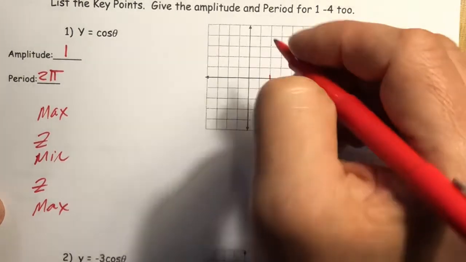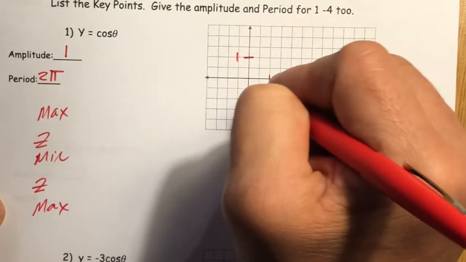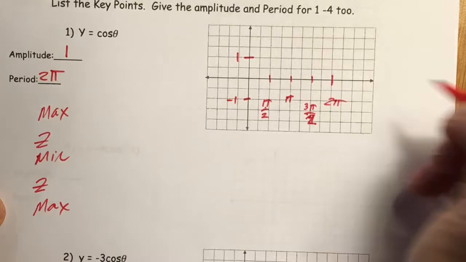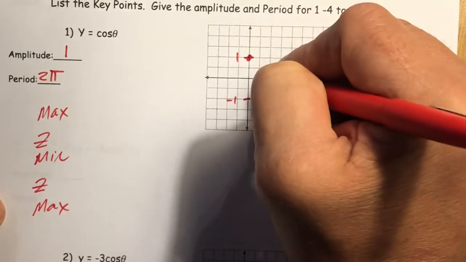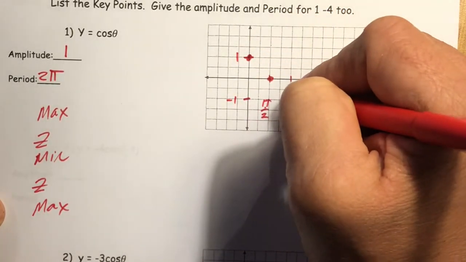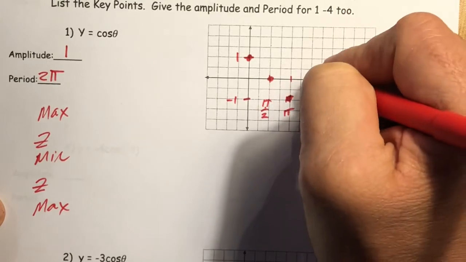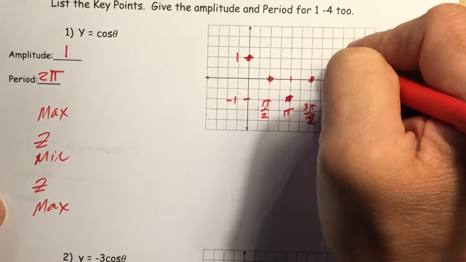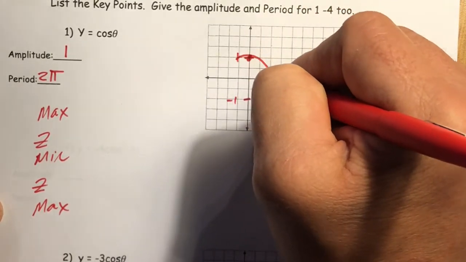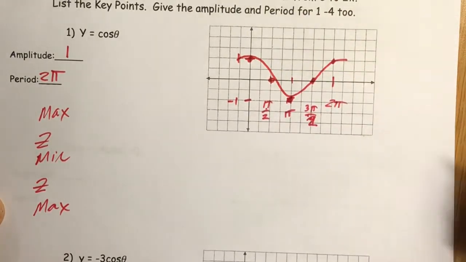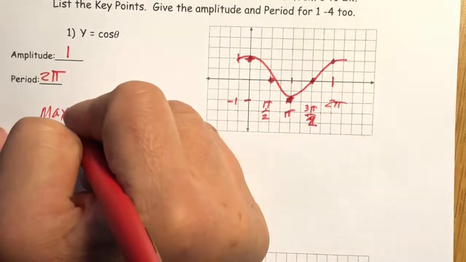Let's start here. We'll say that this is a 1 and this is -1. So max, 0, minimum, 0, and maximum. Sketch that in, and there you go. Then you just label the points.